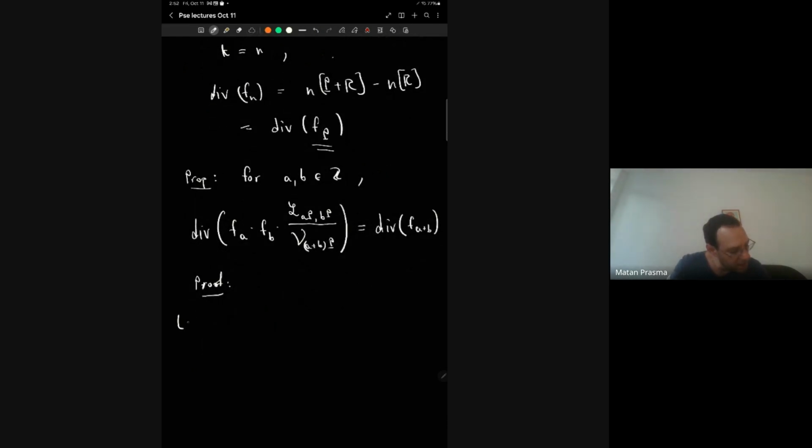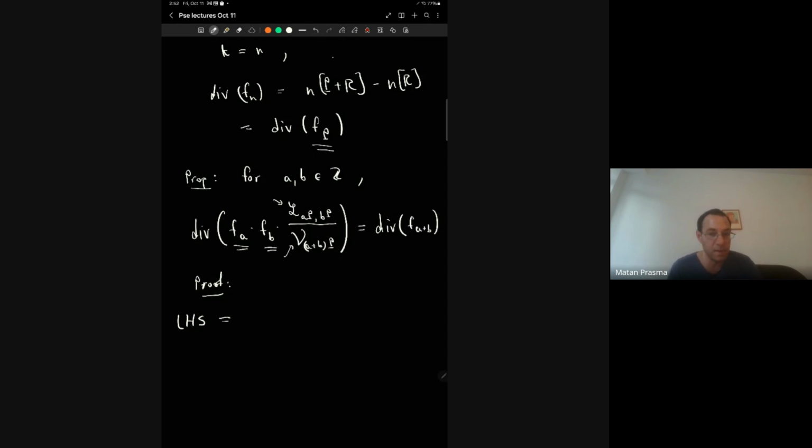I take the left hand side and I calculate the divisor. The divisor of a product of functions is the sum of divisors, and the divisor of a quotient of functions is the difference of the divisors. And I know what is the divisor of FA, what is the divisor of FB, and I also know what is the divisor of these horizontal and vertical lines.